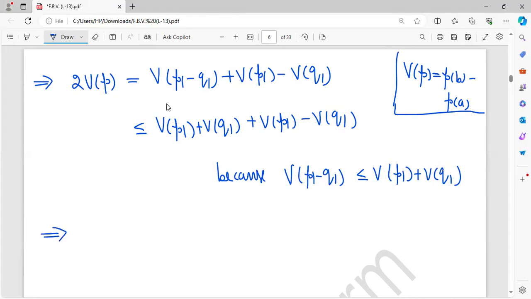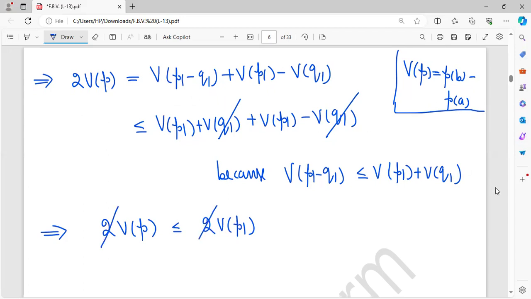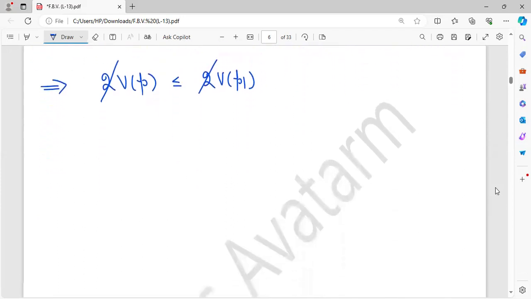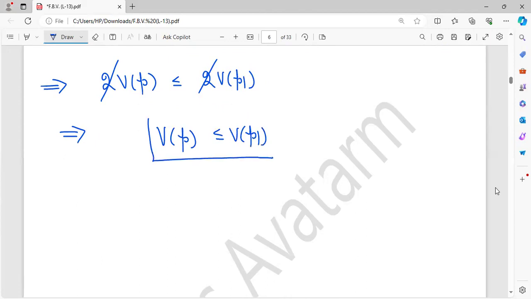So this implies 2VP, the variation of f will cancel out, is less than or equal to 2 times VP1. So VP is less than or equal to VP1. So one is proved.